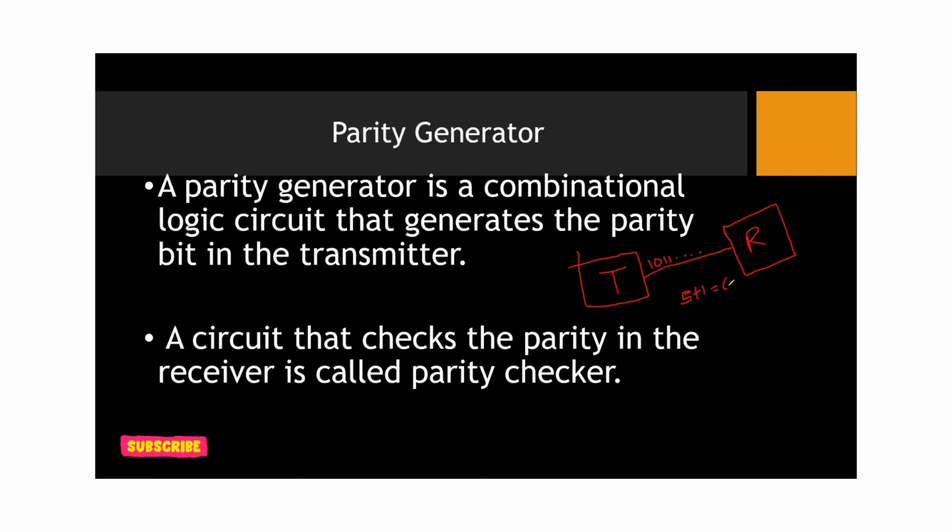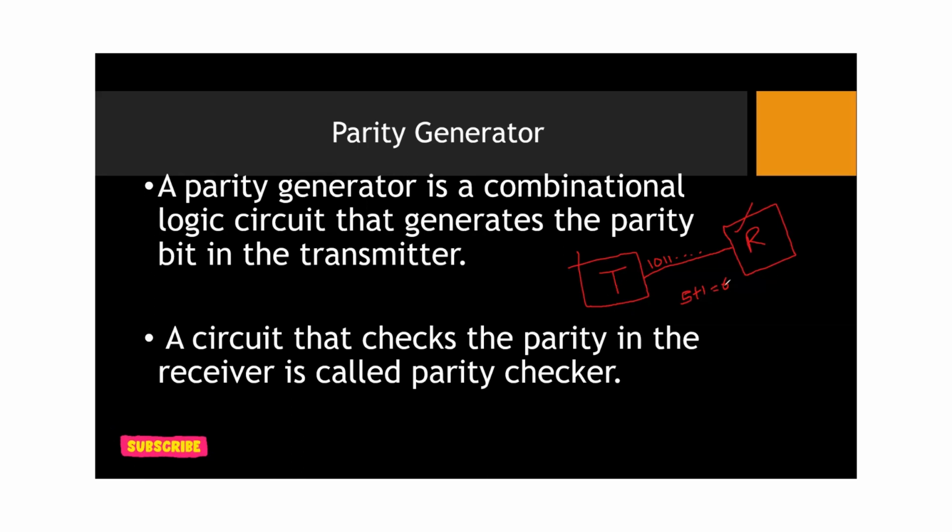It is 6, and 6 is an even number. So if the receiver is receiving an even number, I can assume that the receiver has received the correct data. If the receiver is receiving an odd number, then we can think that the receiver has received corrupted data, and we can stop the processing and go for retransmission.